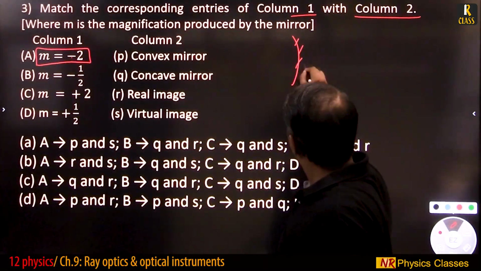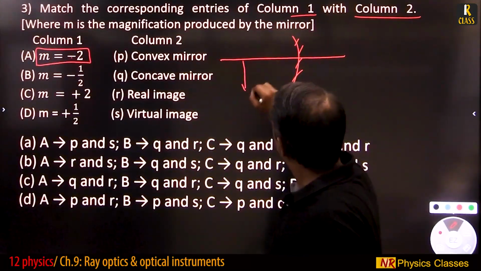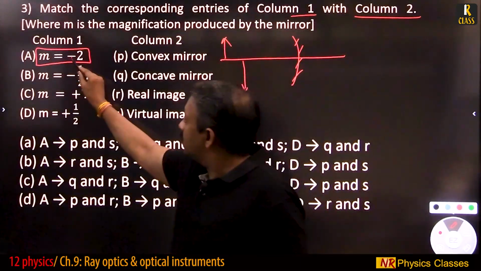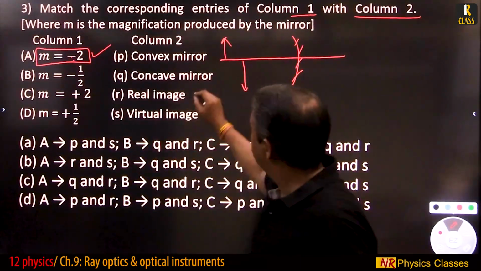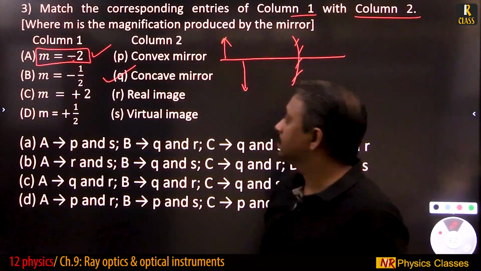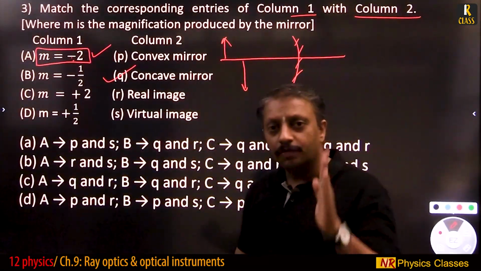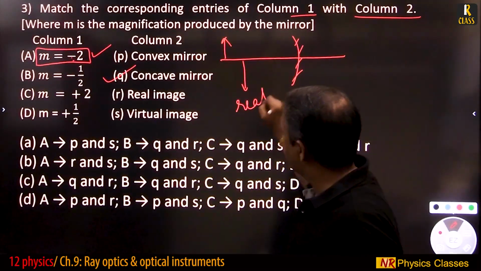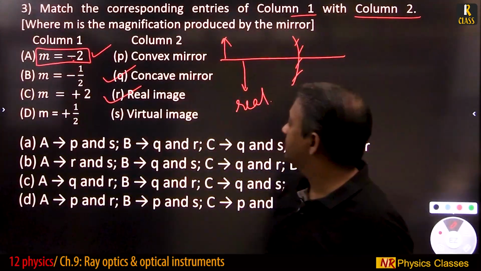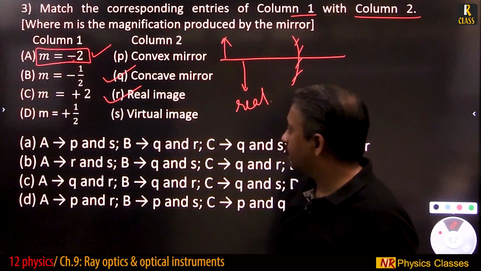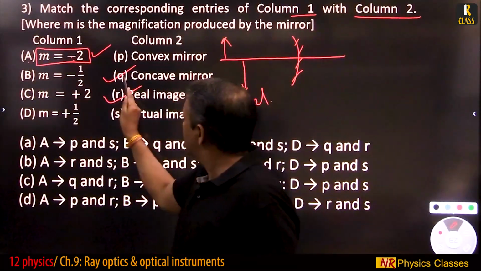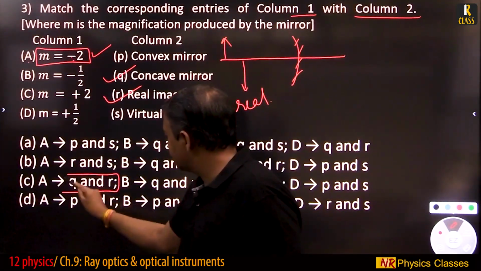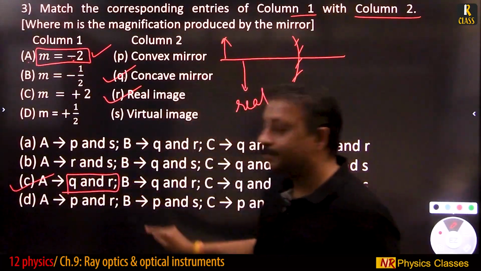Inverted image is always obtained for a concave mirror. Convex is always erect and virtual. So inverted and real is concave. See, A is Q and R. So this is the answer.